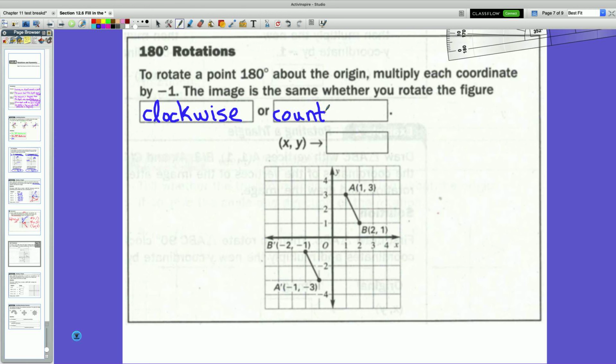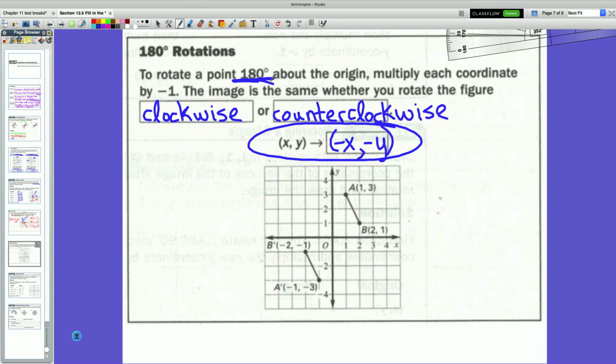And that's what I kind of hit on earlier when we had one that was 180. It doesn't matter which direction you go. So all you're going to do is multiply both things by negative 1. So it becomes negative x, negative y. Okay? So this is your rule for 180 degrees.